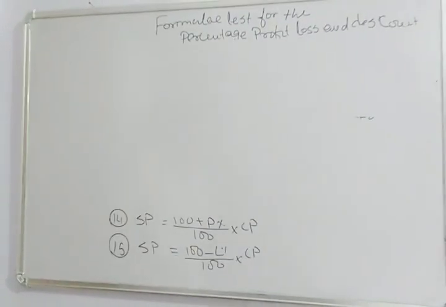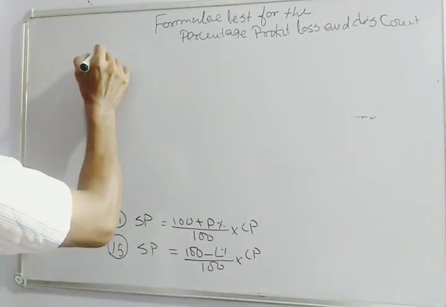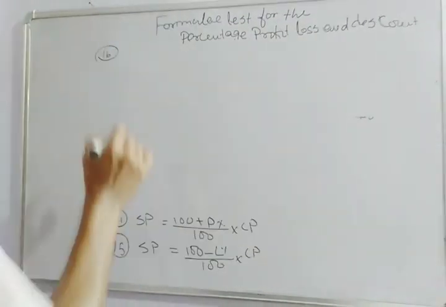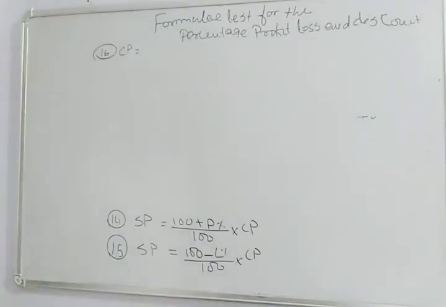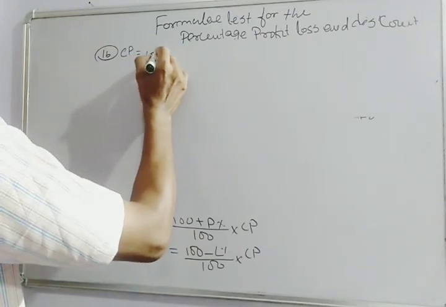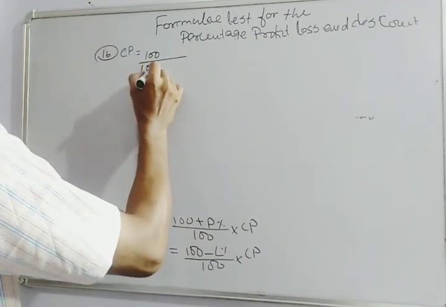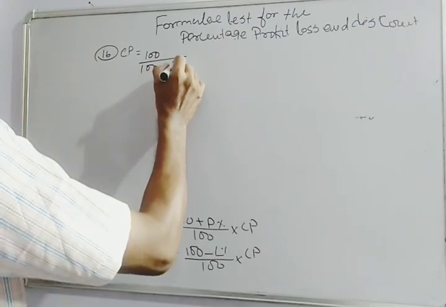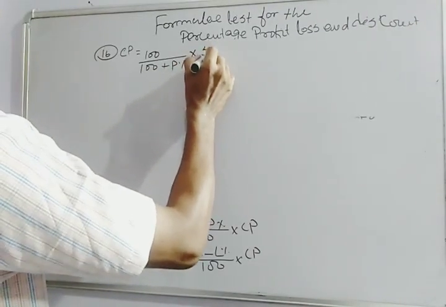Then the next one is number 16. To find out the cost price when profit percentage and selling price are given, 100 by 100 plus profit percentage into SP.